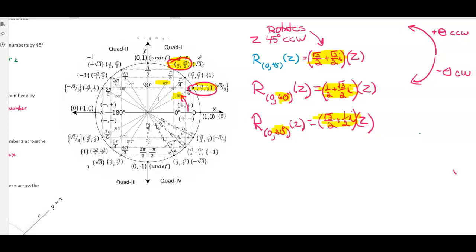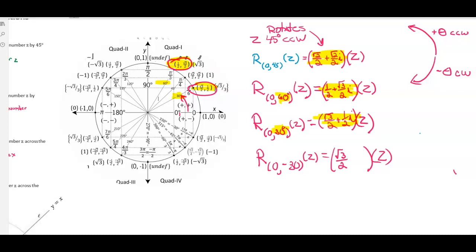Okay, so what would this one be? I want to rotate point Z negative 30 degrees. No, close.